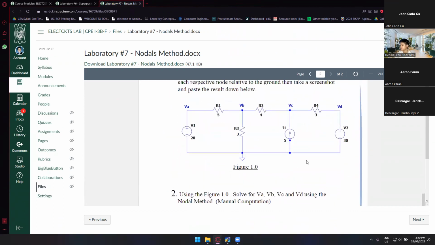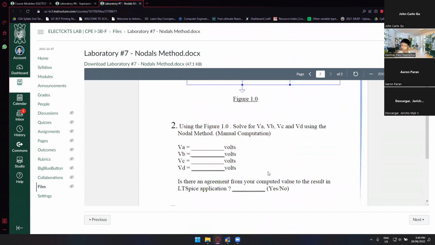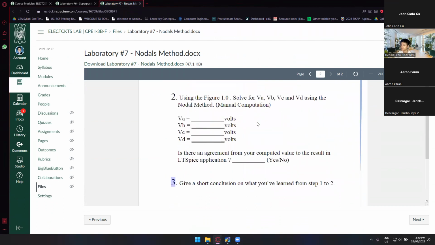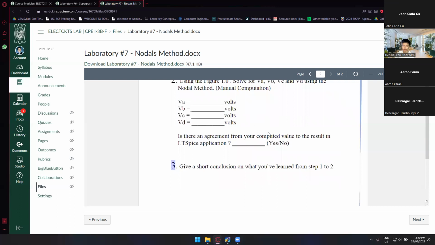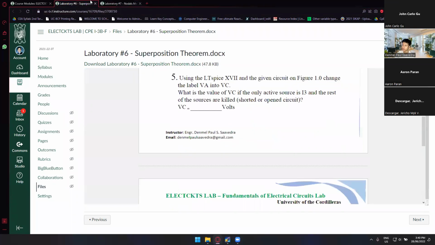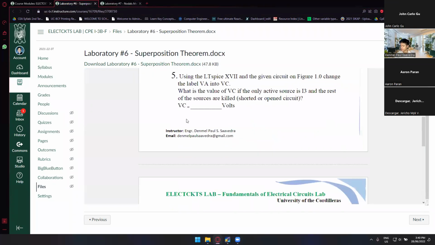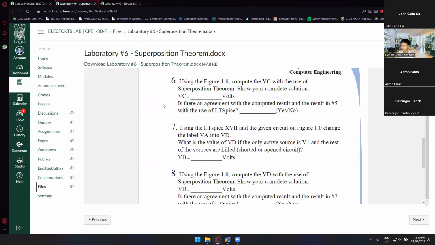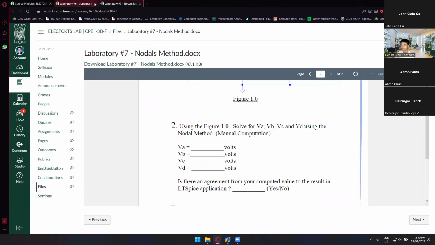I suppose this one is easy since it only has a few questions. Were you guys able to follow so far? Are we clear with this one? Clear, sir. Just in case you encounter problems in question number 5 or 6 on superposition, just let me know. Just message me.